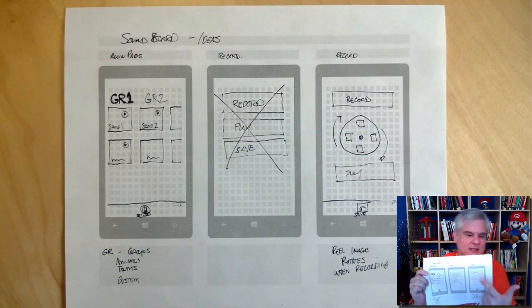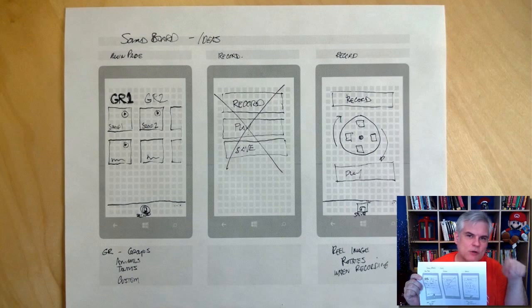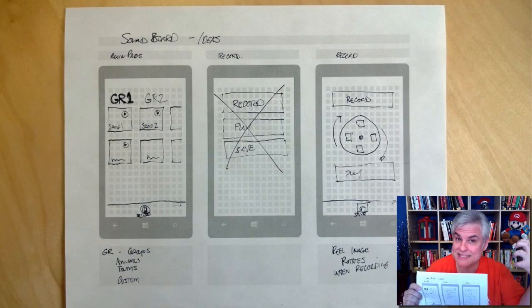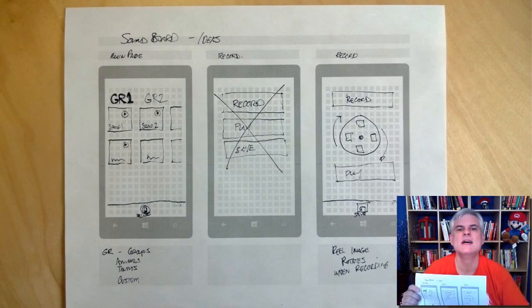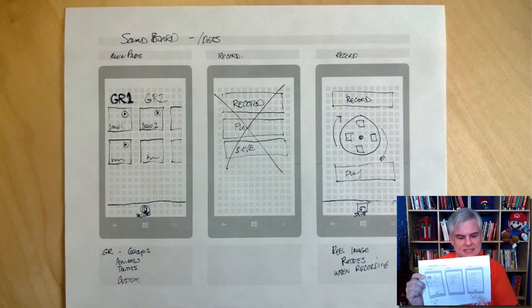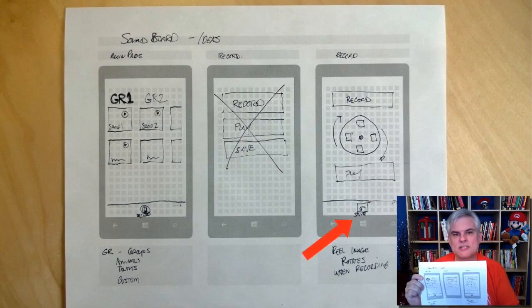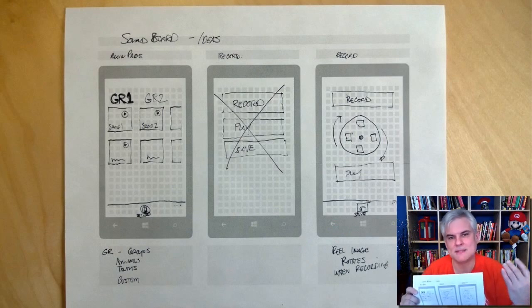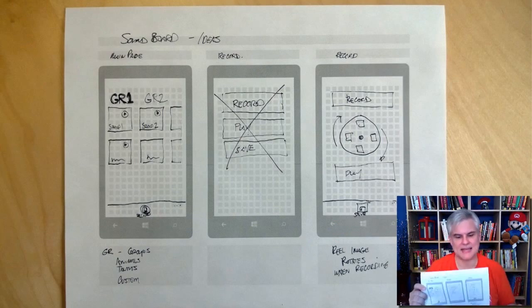You can see I drew little arrows to indicate that it would rotate while you're recording, and that would offer some great visual feedback to the user that recording is now in progress. And then finally, clicking the save button in another app bar would then allow you to provide a name for the sound, and it would be displayed in a pivot item tile, a pivot item named mine or custom or something like that.